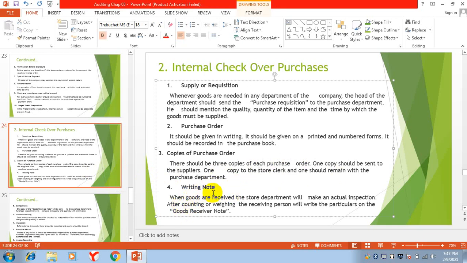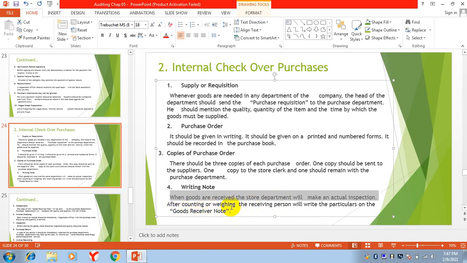Then goods received note. When goods are received, the store department will make an actual inspection, whether the quality and quantity are right and whether the goods are according to the specifications or not.